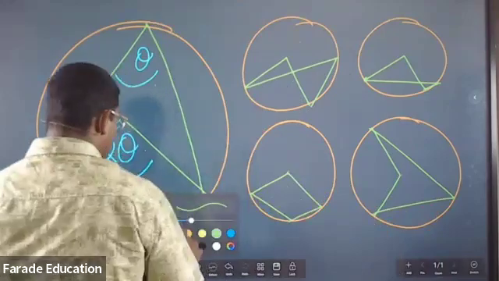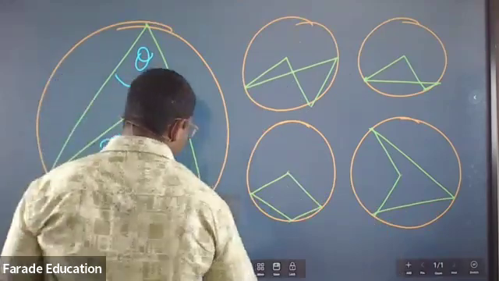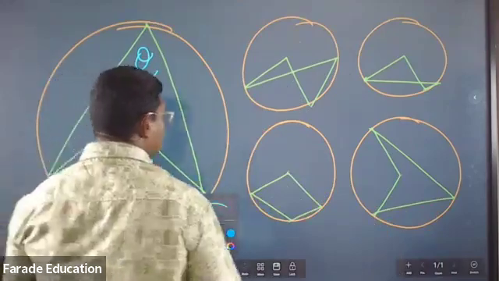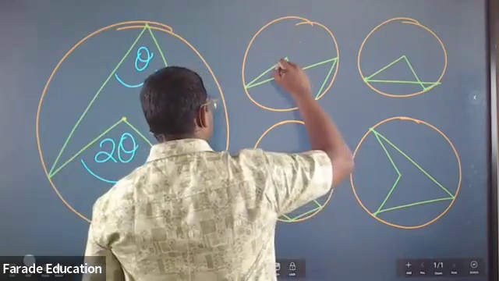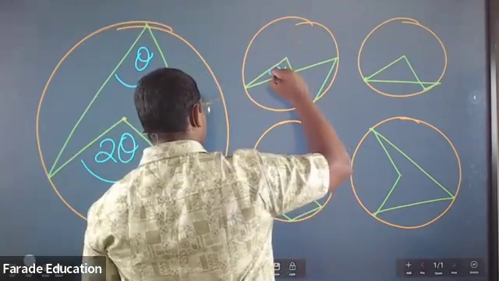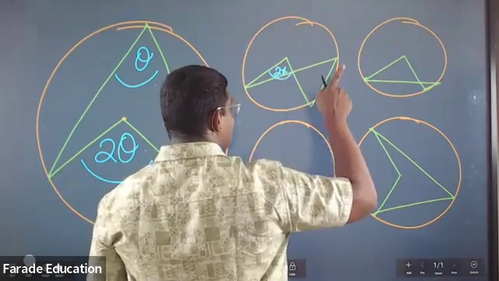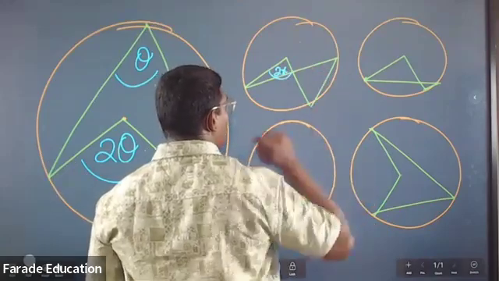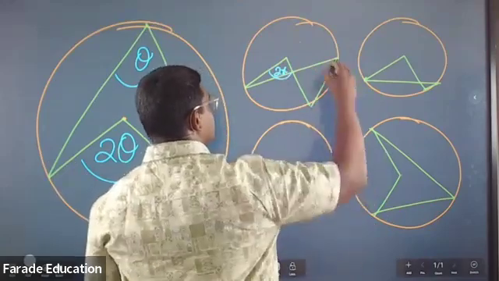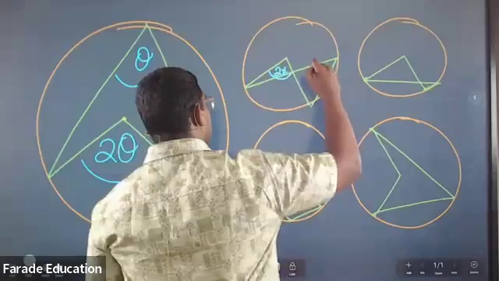Angle subtended at the center. If this is 2x, then what is x? Either this or this. Yes, this is x.